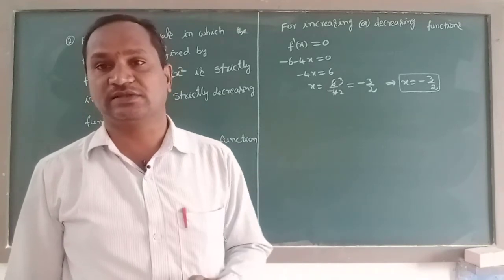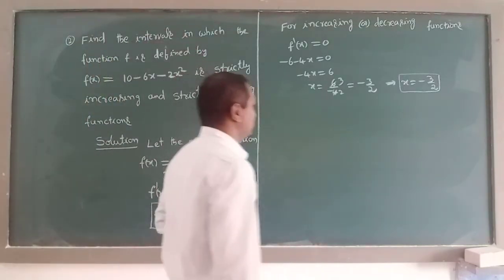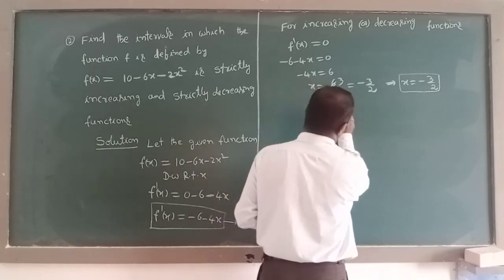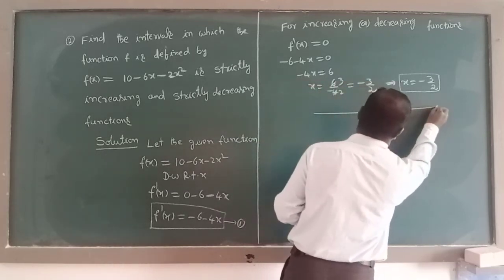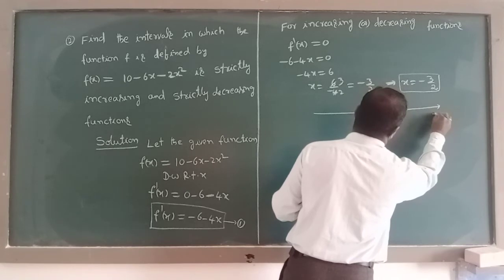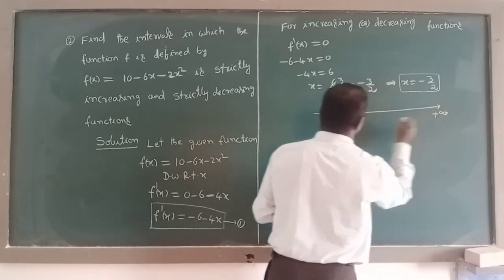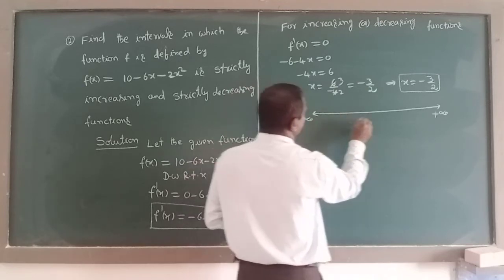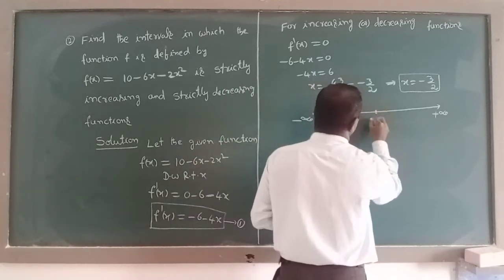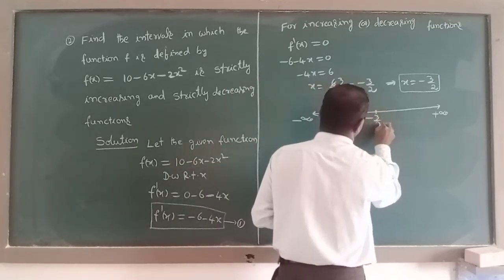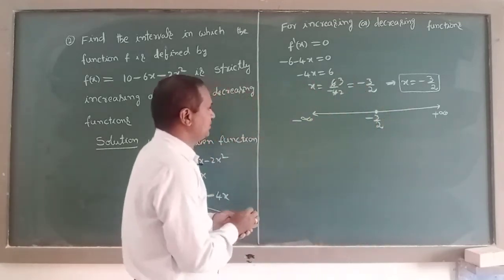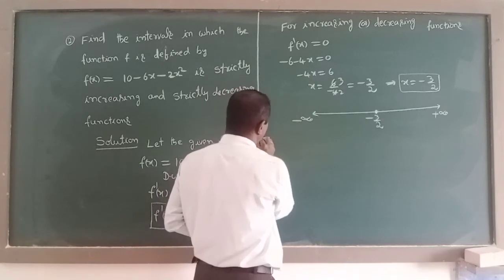About that now we will discuss. Take one real number line here. One side is plus infinity, another side is minus infinity, and in the middle minus 3 by 2 will come here. At the same time we should write the intervals here.